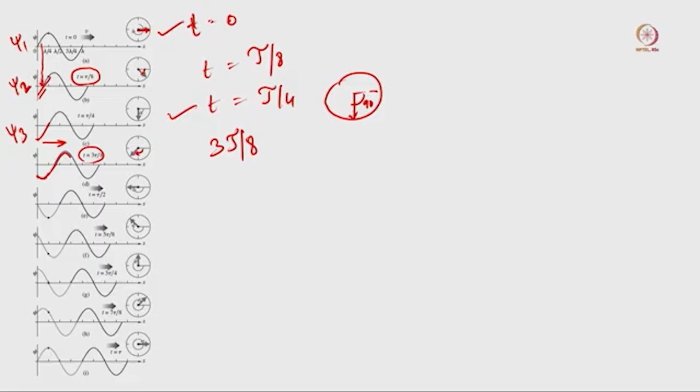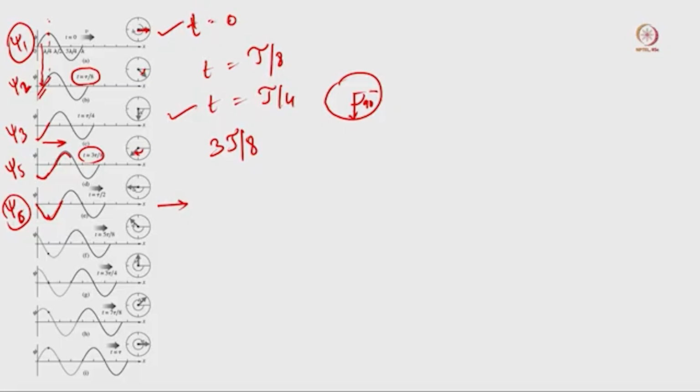Not only that, if the wave moves further, this is my wave 5, and if it goes further to wave 6, you can see that there is a complete half wavelength change from the first wave. If we consider wave 1 and wave 6, they are completely in opposite phase, and the wave propagates in the positive x direction.